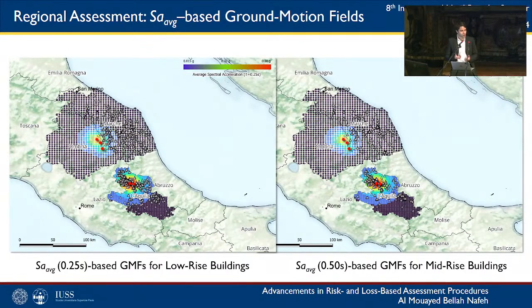Now we try as much as possible to constrain the ground motion models, whether with conditioning on station data, using appropriate spatial correlation models, etc. Unfortunately, there is no way to validate the average SA-based ground motion fields because it's, let's say, a pioneering study.